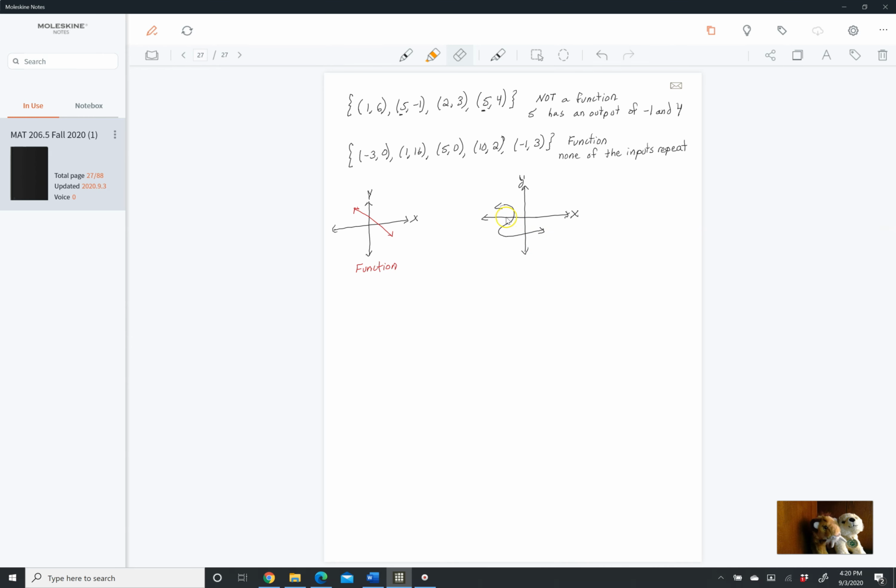If I come over here and I look at an x value over here, first of all, if I go up, I already hit it. And if I go down, I actually hit it 2 more times. So this x value has 3 outputs, okay?